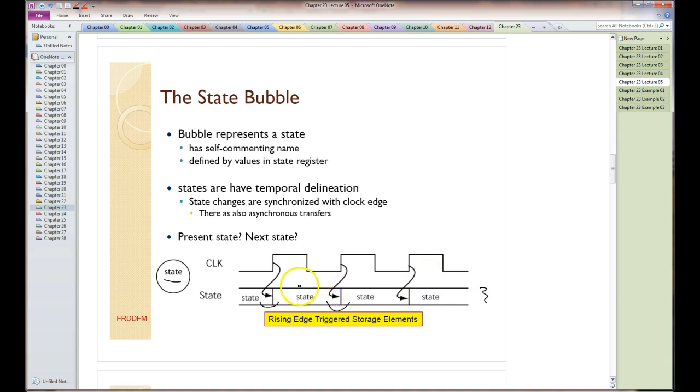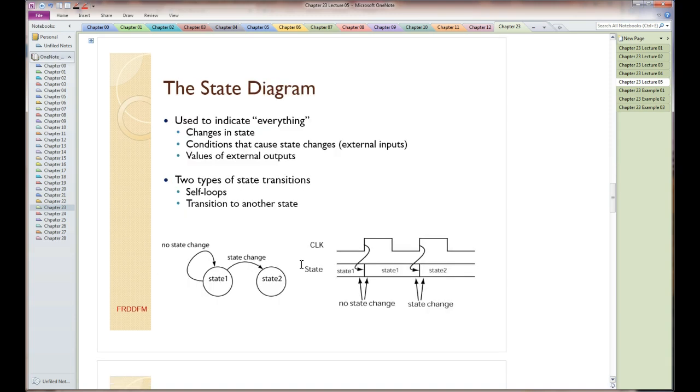All we have here is state. Generally speaking, when you're looking at a state, that is the present state, and the state following that is the next state. So essentially it's somewhat of a semantic argument as far as the present and next state goes. It's not overly apparent or useful from a timing diagram. It's more of an issue when you're working with PSNS tables.